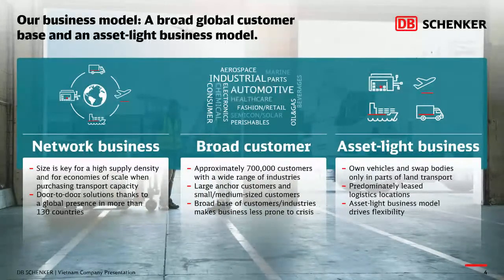Here I will give you the business model we are running globally. We base it on our wide-ranging network worldwide. We have offices in more than 130 countries, and we have on board a broad customer list, more than 700,000 customers with Schenker already.